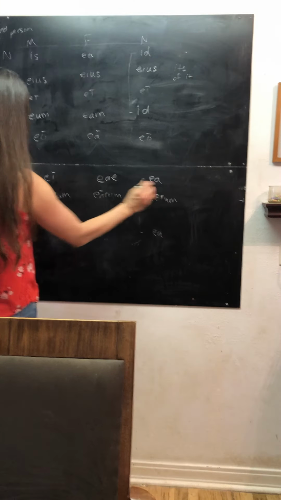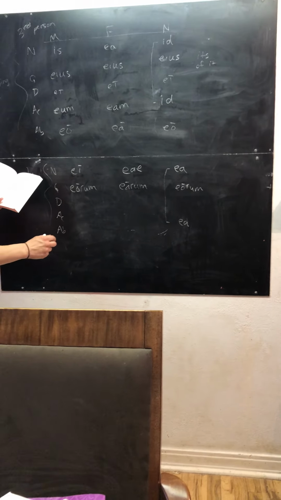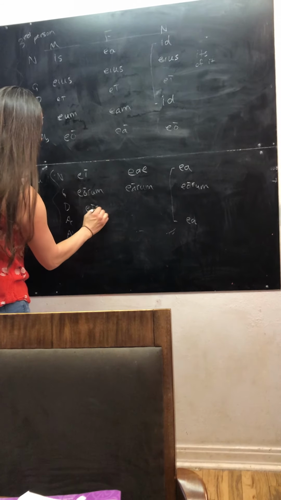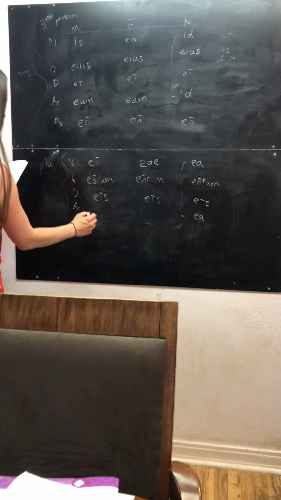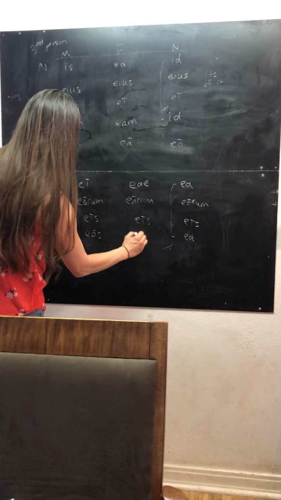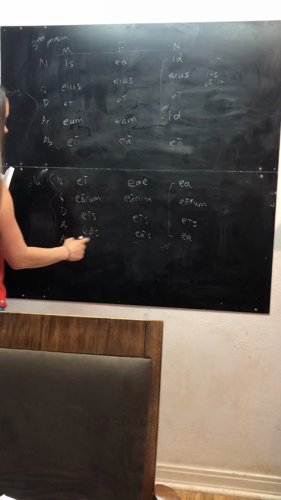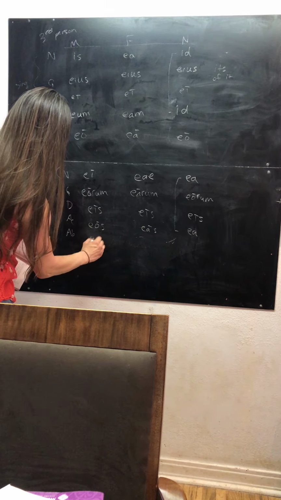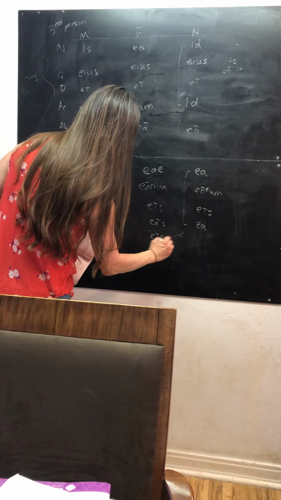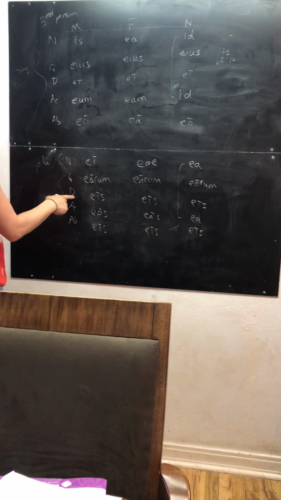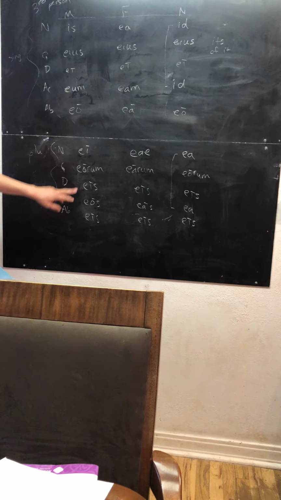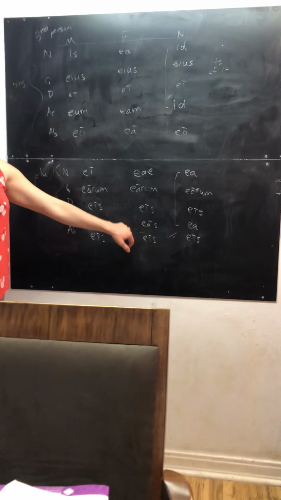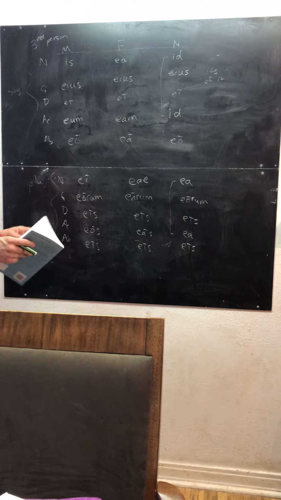So this is "of them." Then eos, eas, ea from the neuter rule, and this would be "them." And then eis, just like in the first and second declension endings.